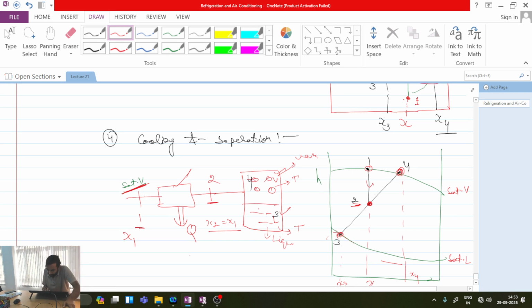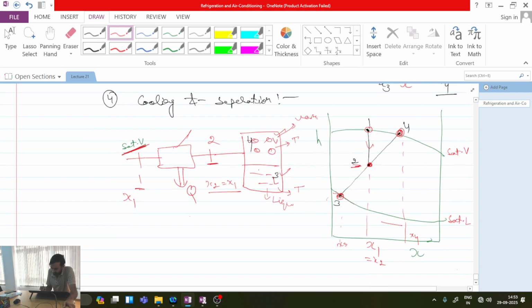What is the composition of liquid? X3, very less, because on this diagram this side is X of ammonia. So here ammonia is 0, here ammonia is 1. When I have a very small value of ammonia, what is the meaning?